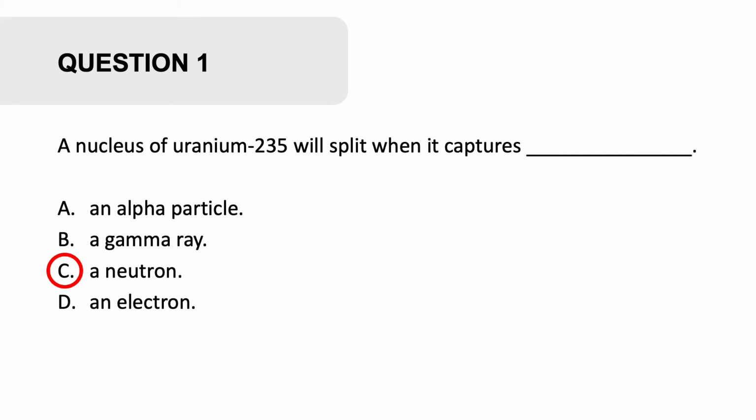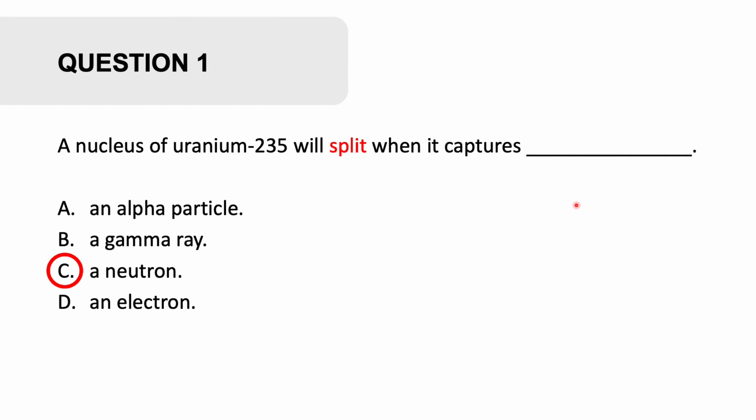Well, the correct answer for this question is C, a neutron. A nucleus of uranium-235 will split when it captures a neutron. For your information, the keyword for this question is split.